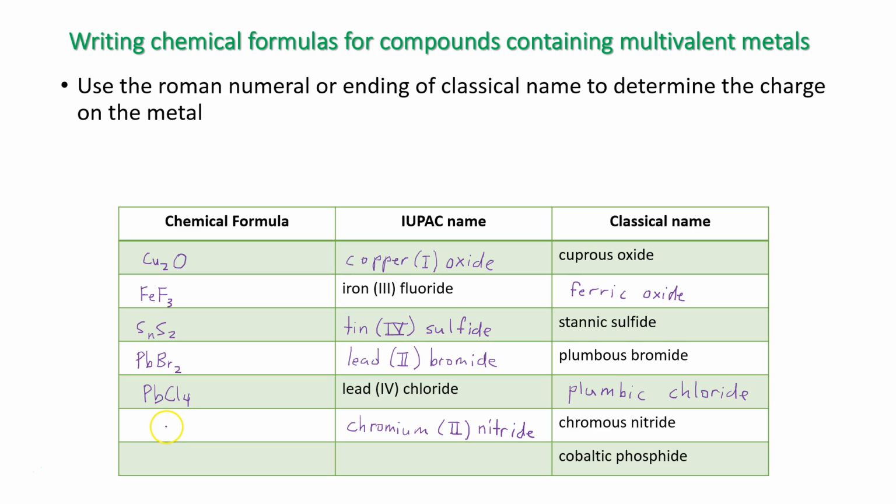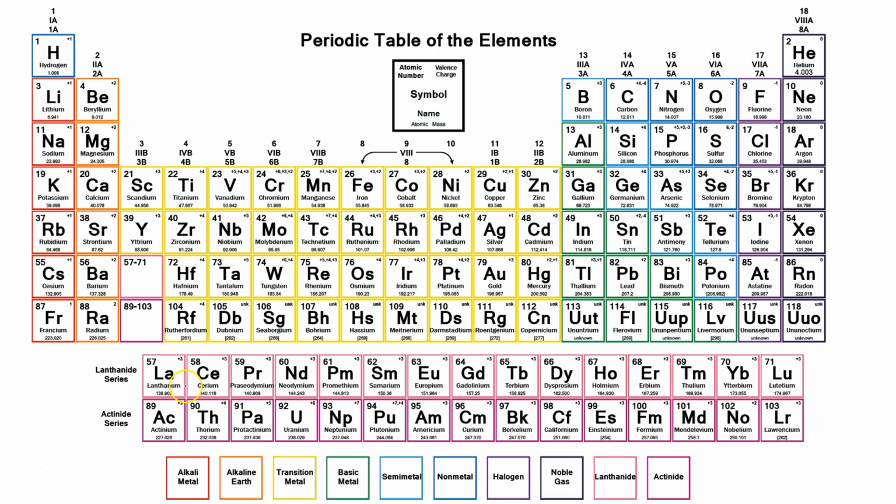If we look at the periodic table, nitrogen can have a charge of +5 or -3, and in this case, since it's bonding with a metal, with chromium, it needs to have a charge of -3.